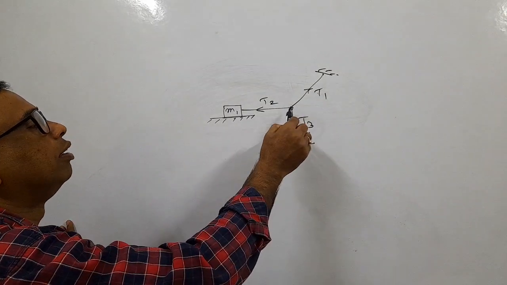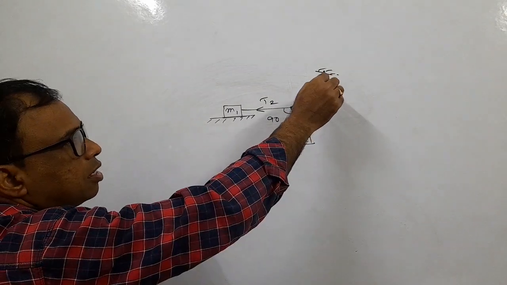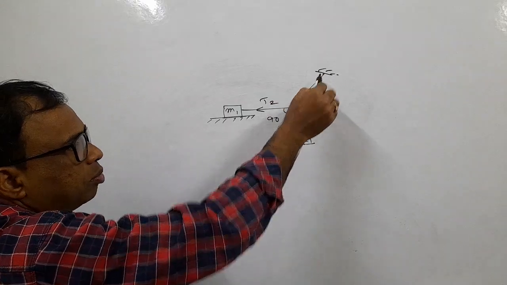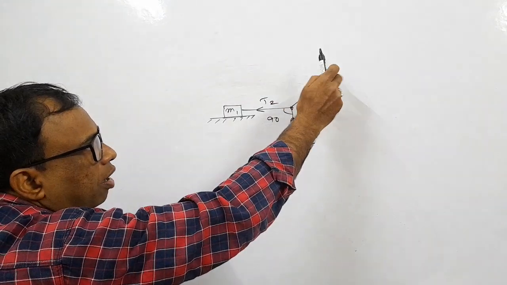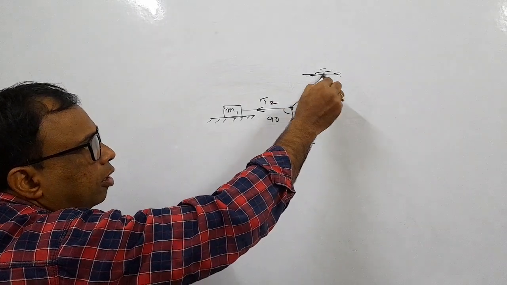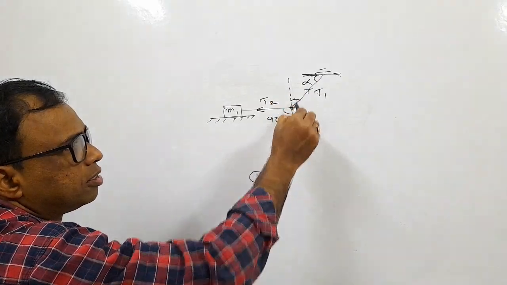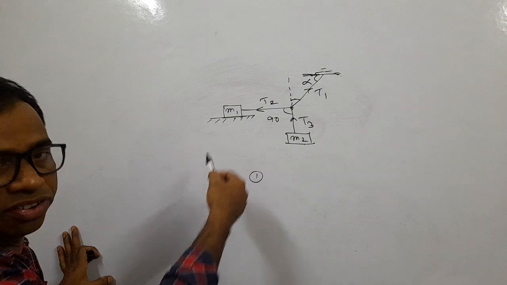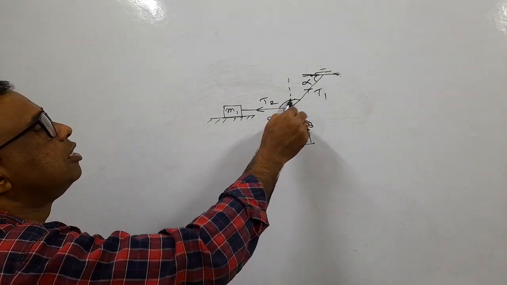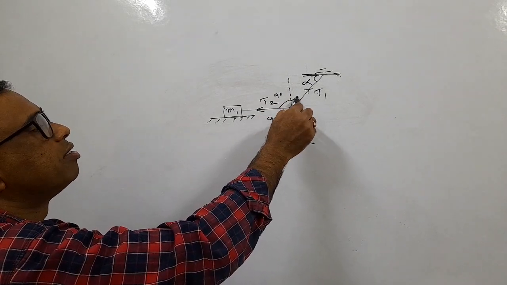This is T1. This is 90. Suppose this is alpha, then this should be 90 minus alpha. So you can get the three angles: this is 90, this is 90 minus alpha.